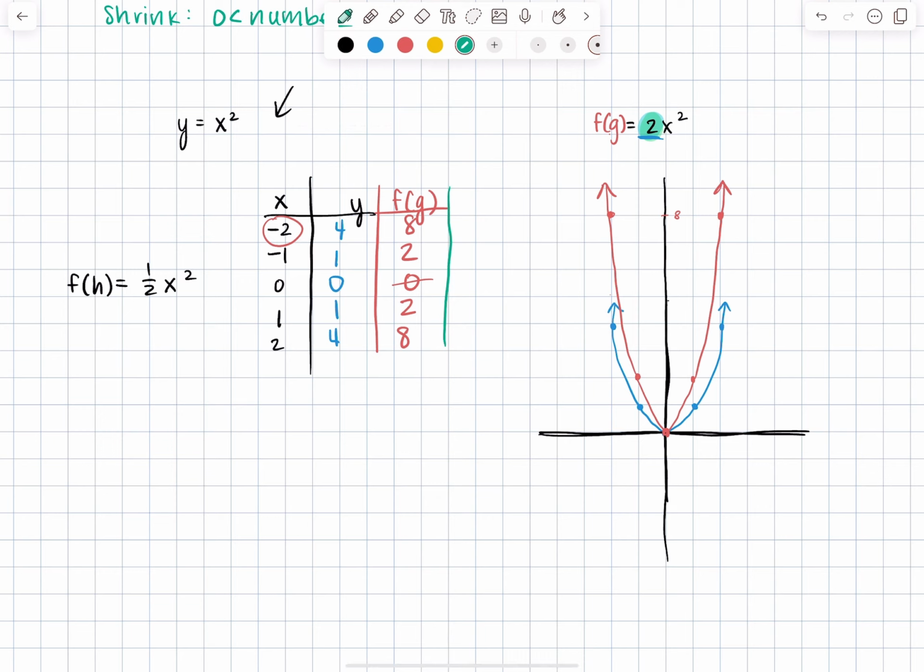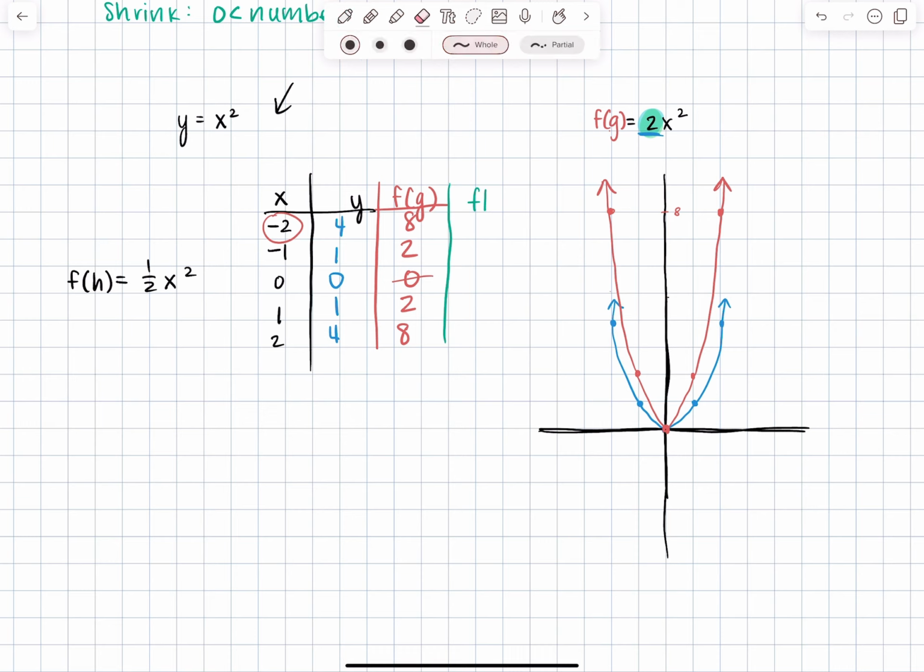So when you plug the x values into the equation, 1 over 2 times -2 squared, you're going to get 2 times 2 is 4 times 1 over 2, that's 2. And then same thing for -1. -1 squared is 1. 1 times 1 over 2 is 1 over 2. 0, 1 over 2, 2.